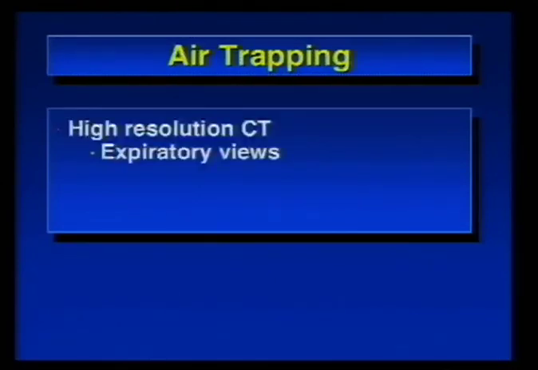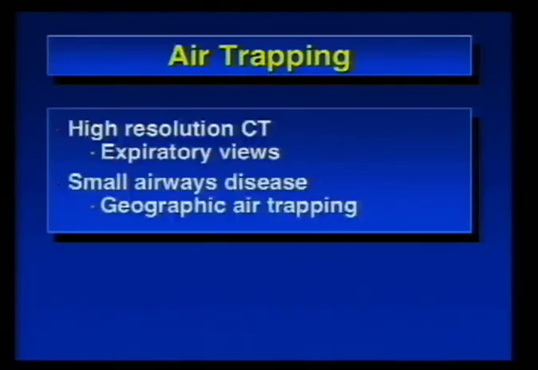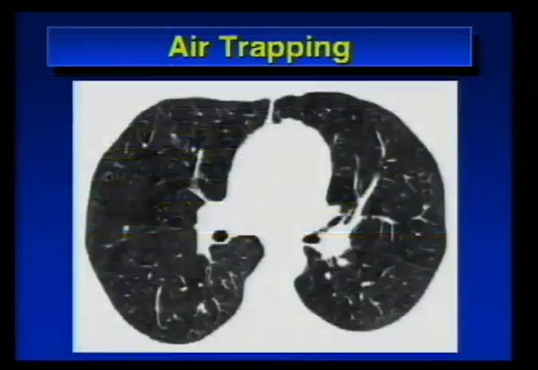Small vessel disease does not give you air trapping. So geographic air trapping, meaning patchy air trapping, is characteristic of small airways disease. If you see that, it is not due to vessel disease.